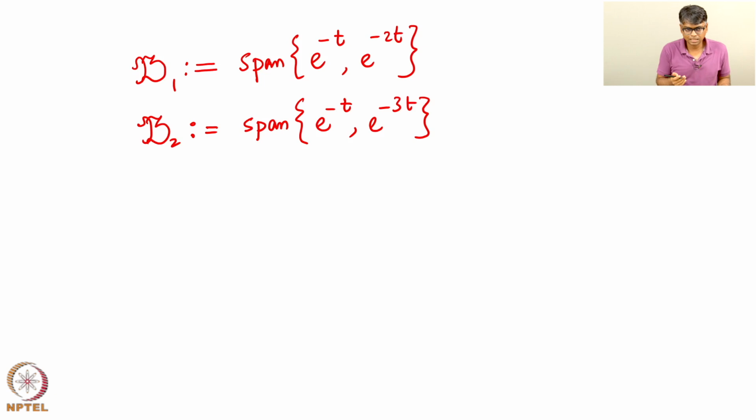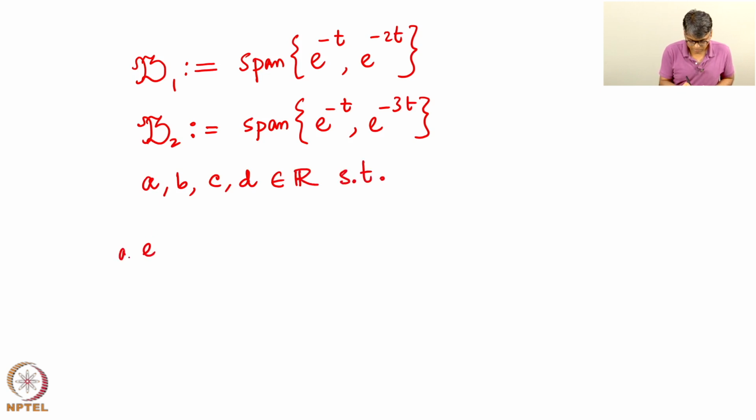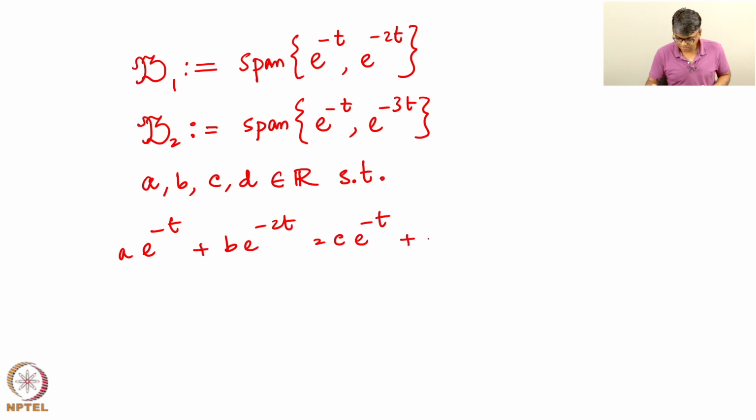So, what can be there in the intersection? Having something in the intersection means that we should be able to find constants a, b, c, d such that a times e to the power minus t plus b times e to the power minus 2t is equal to c times e to the power minus t plus d times e to the power minus 3t.